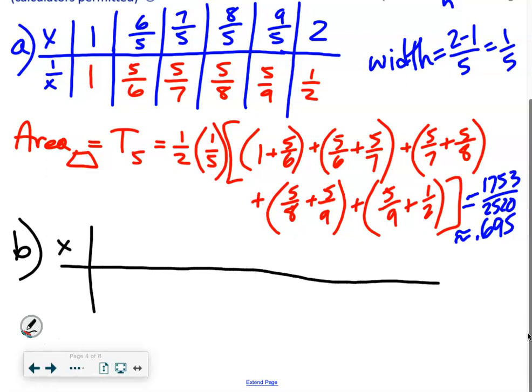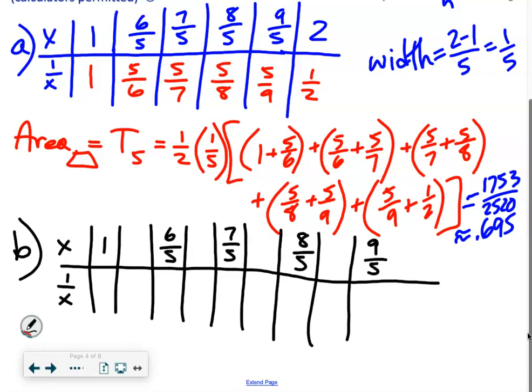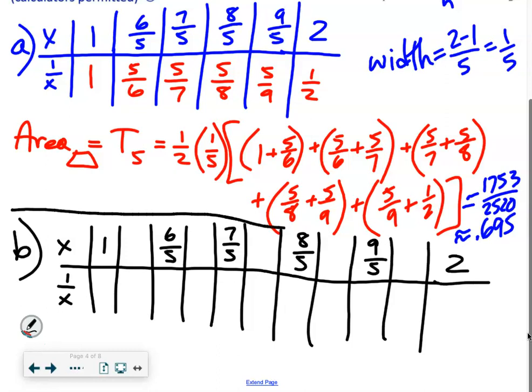You don't have to make a giant table, but I'm going to do it just for purposes of demonstrating what's going on.